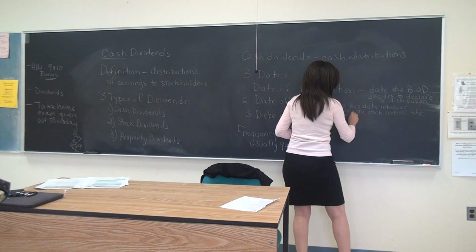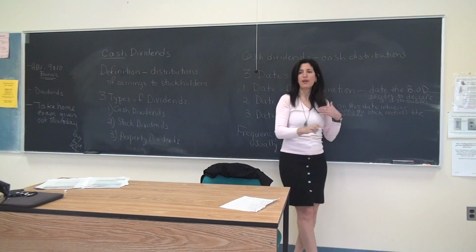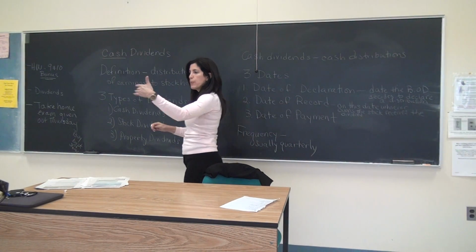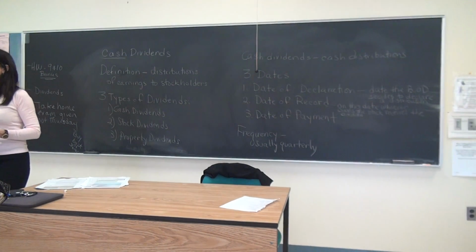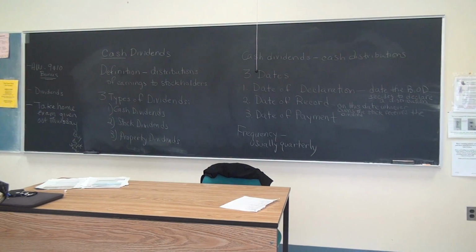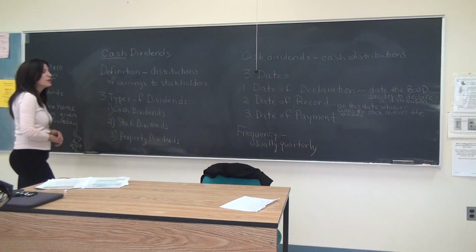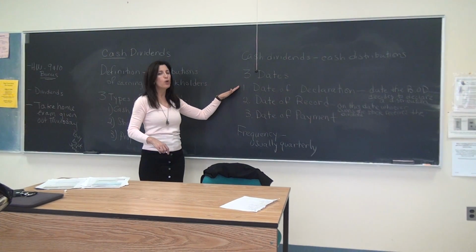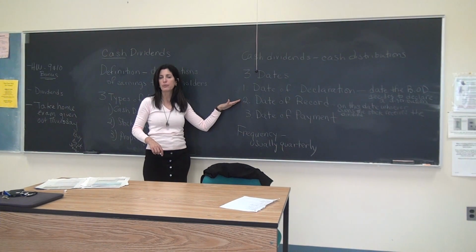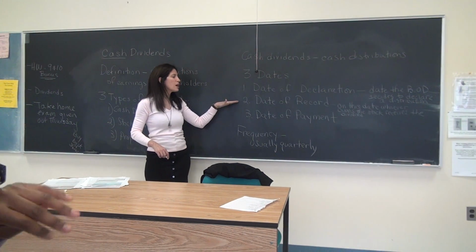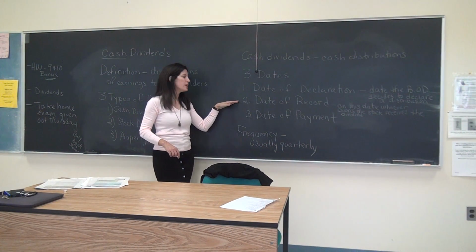Because stock changes hands very frequently. We're buying and trading stock. So if the board of directors declares a dividend, we have to know who to pay it to. So when the dividends are declared, the board says, we will pay a dividend to anyone who owns the stock on the date of record. That date of record is a specific date, and whoever owns the stock on that date will receive the dividend.